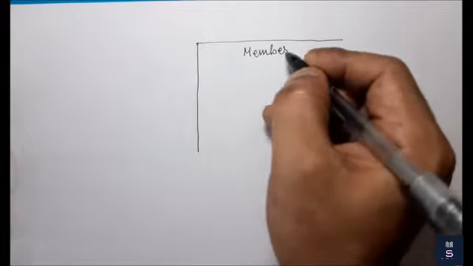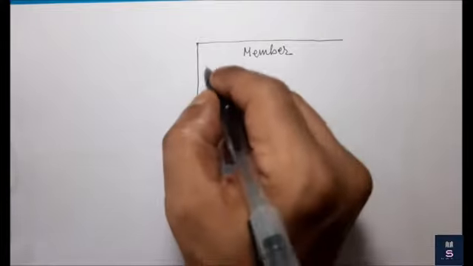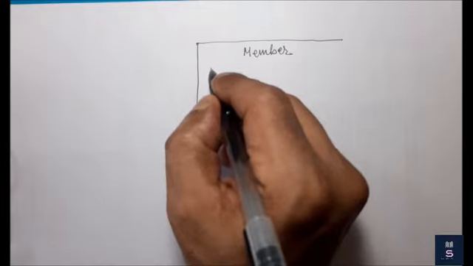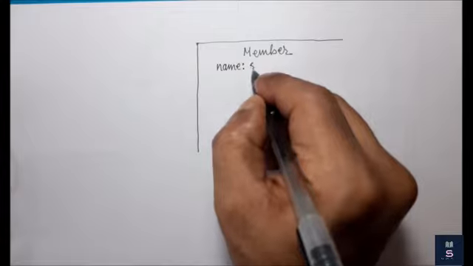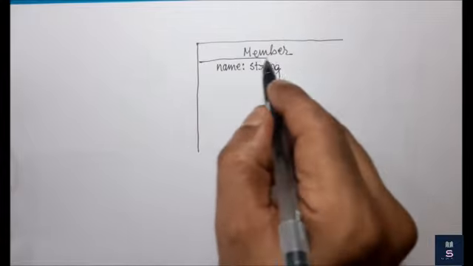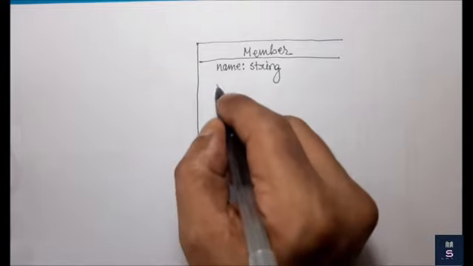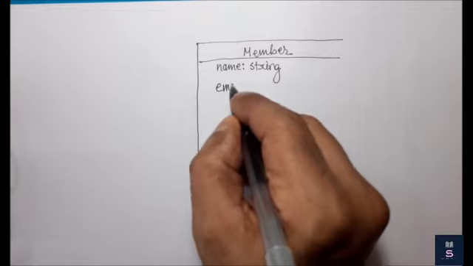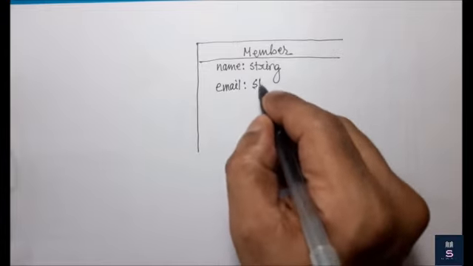This is the name of the class, member, and it has some attributes. For example, the name of the attribute is name, and the data type is string. This is the class diagram of inheritance. The second attribute is, for example, email, and the data type is string.